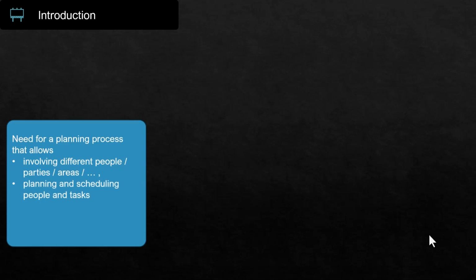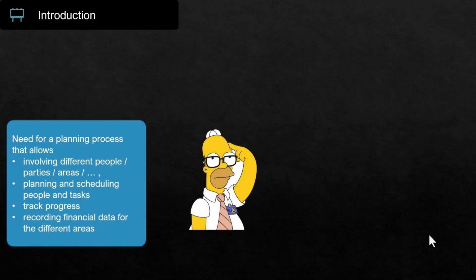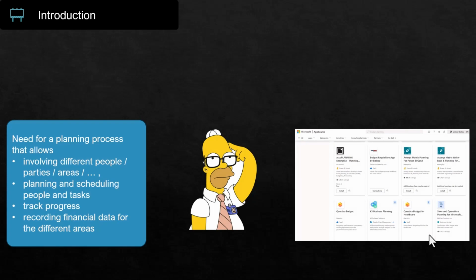So we need to plan what needs to be done and then assign people who need to do something, until what day or what time. Then of course we want to track the progress of how the planning is going on, and then we want to record, of course, the most important thing, the financial data for the different areas, which can be cost centers, departments, and so on.